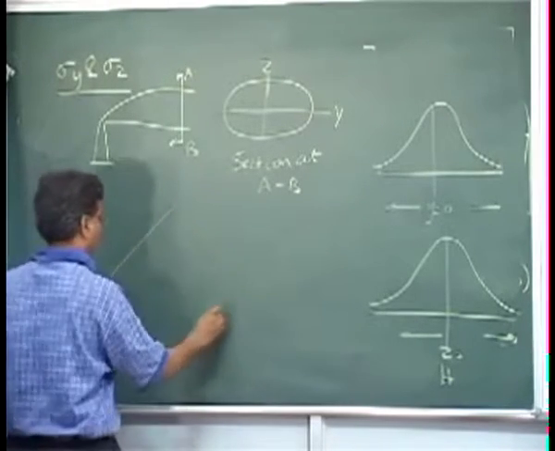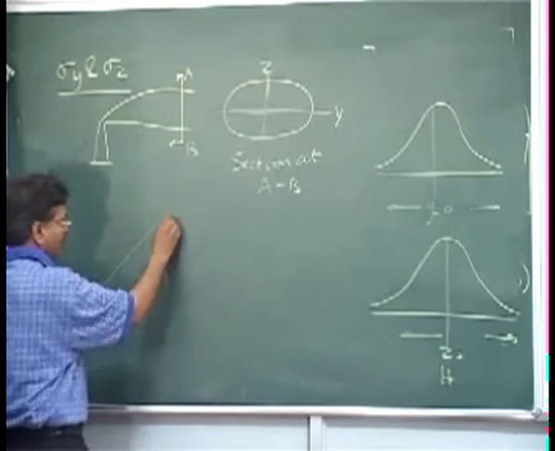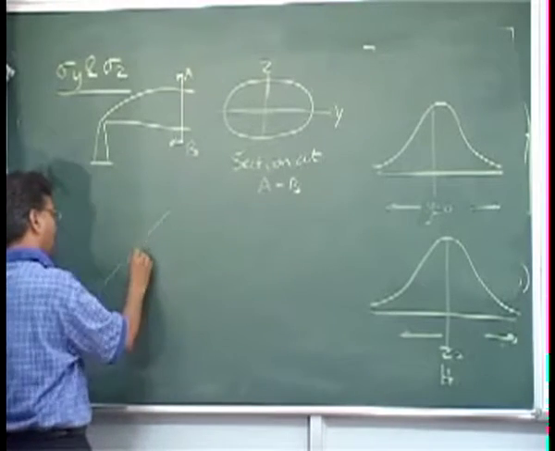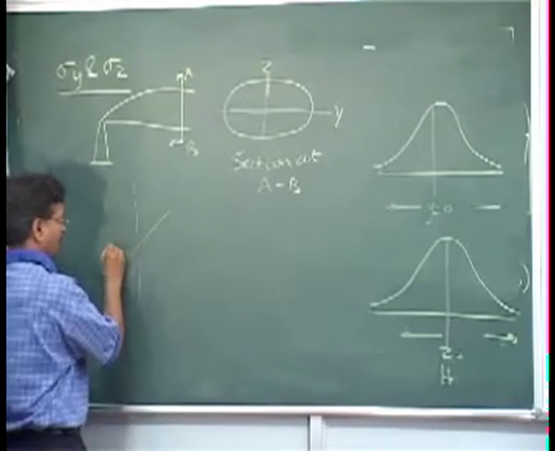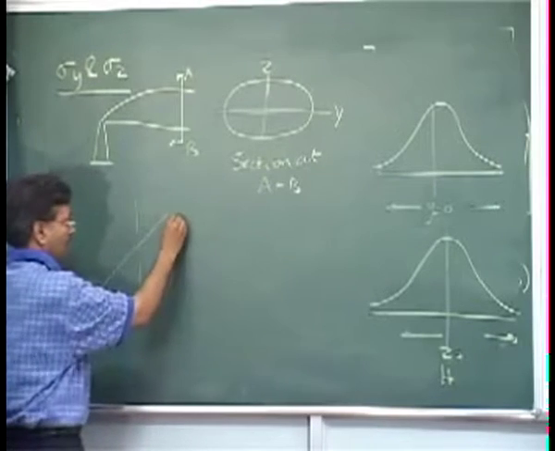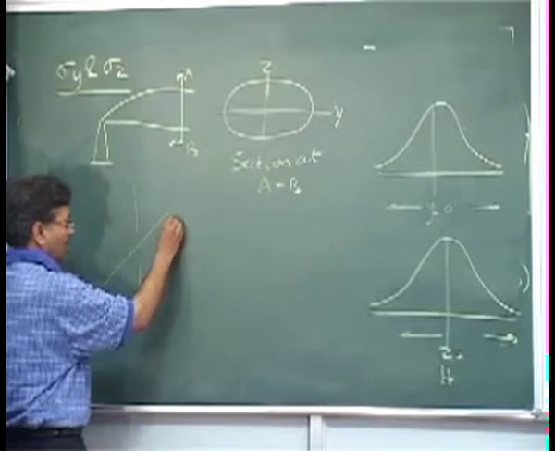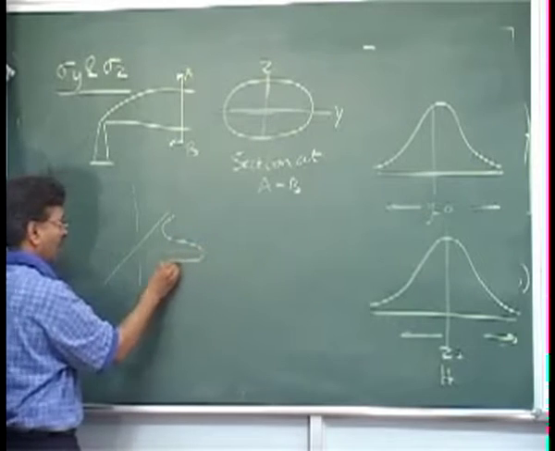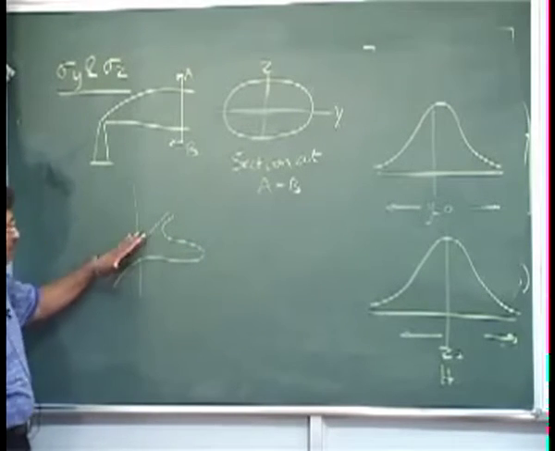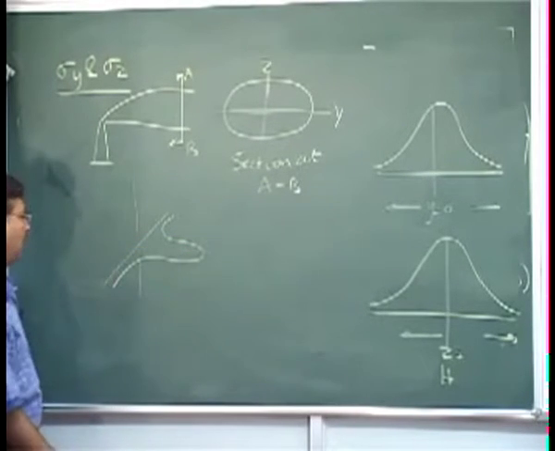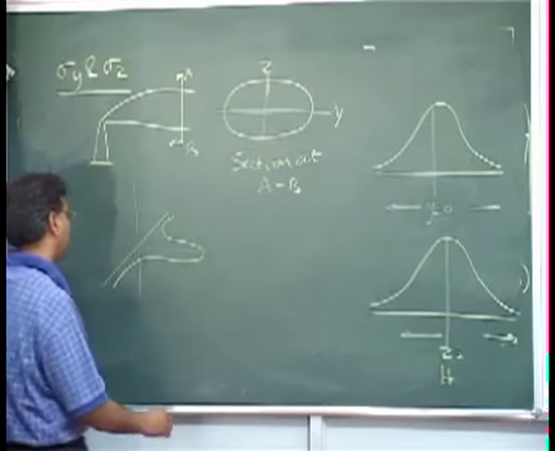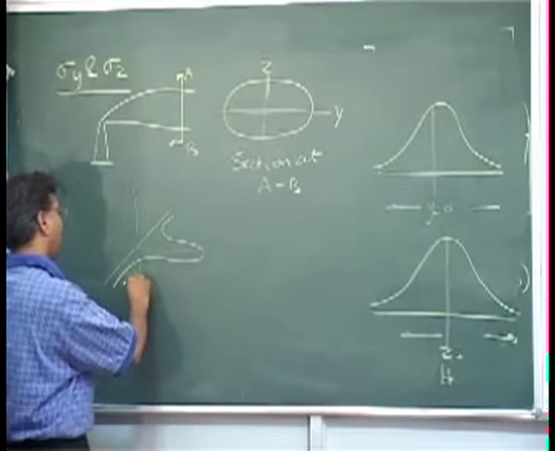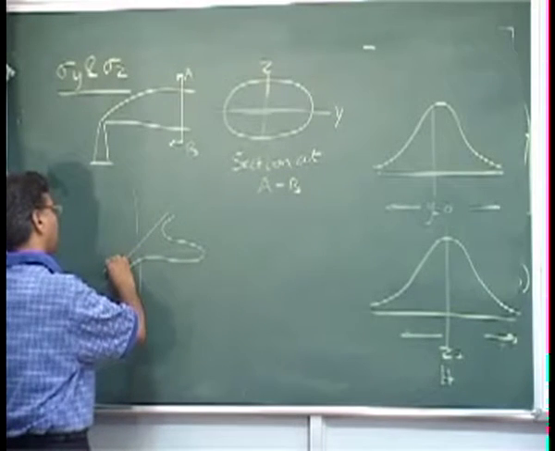This is my y plane, and my z plane will be something like this, and if I plot in the z plane, it will look like this.